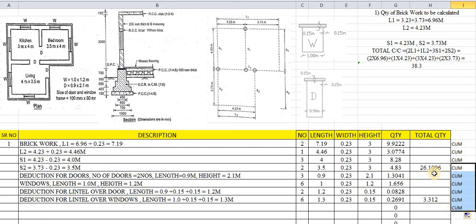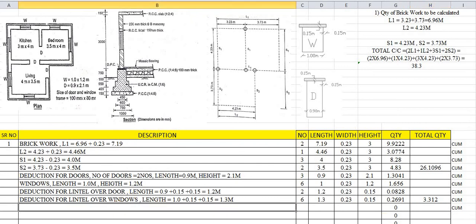So this 26.1096 is to be deducted from this. So we will take this as a minus sign, negative sign. So this quantity we are using for deductions, the minus sign.